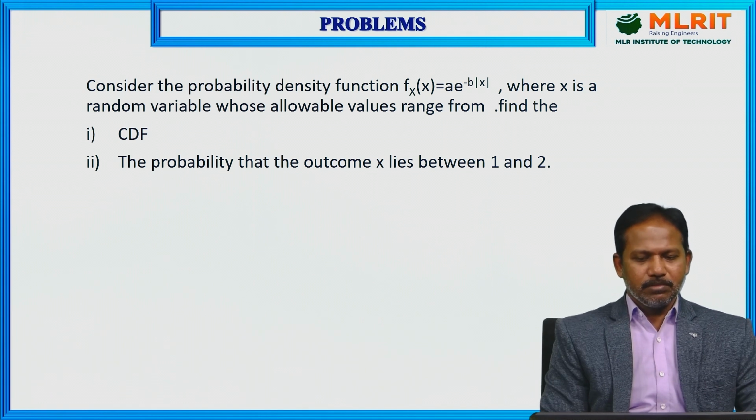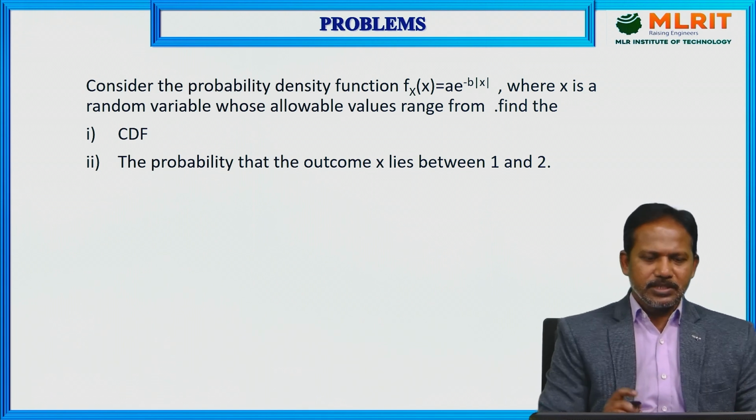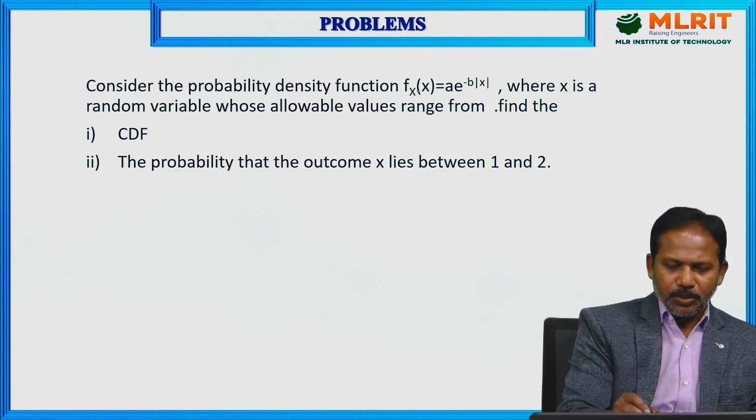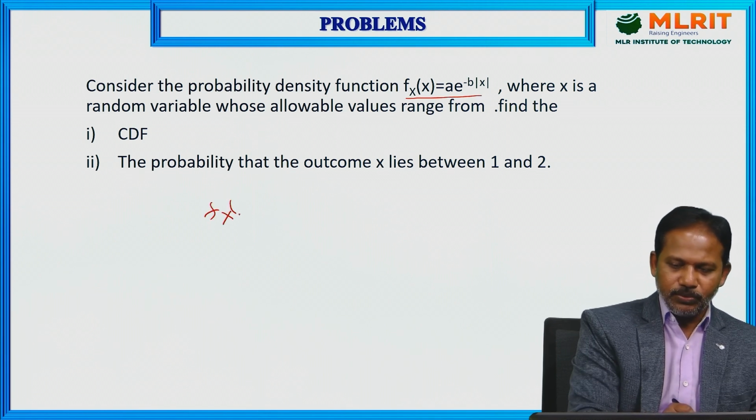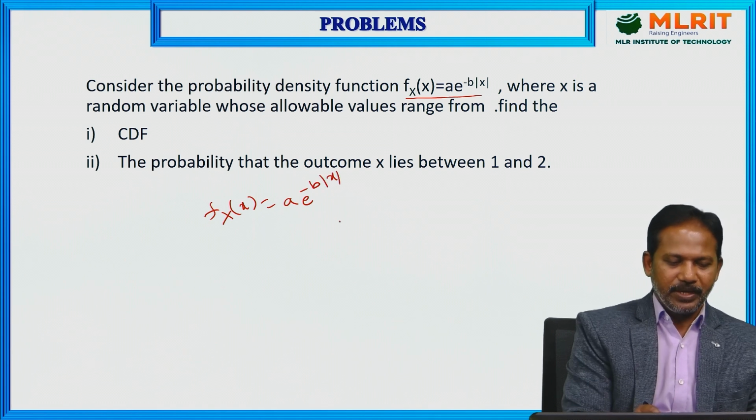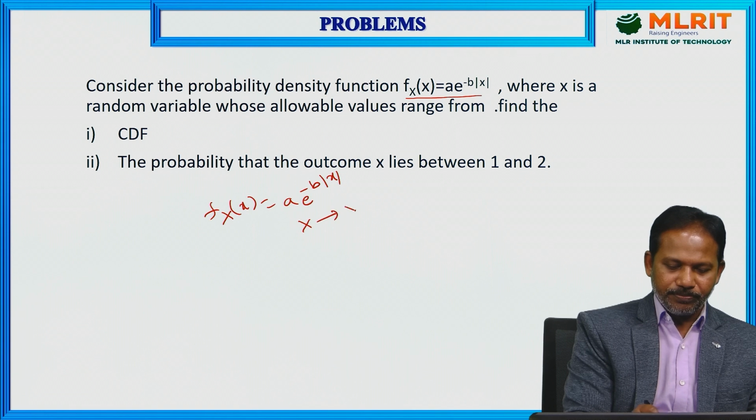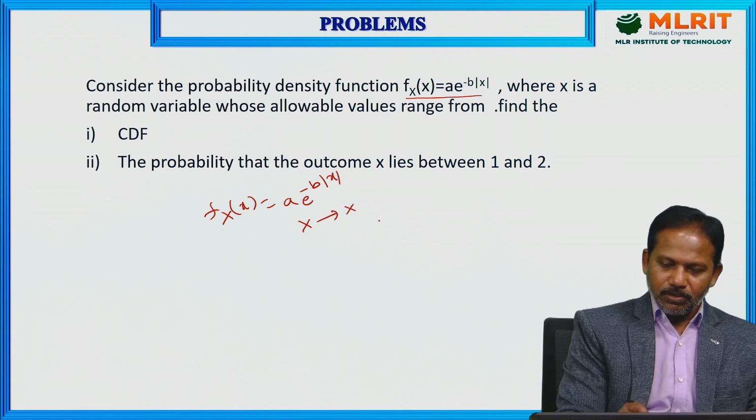Next one, we need to do a similar problem only. See here, the probability density function fx of x is equal to a into e power minus b into mod x, where x is a random variable within the given range.